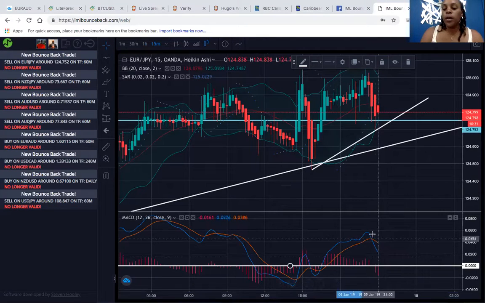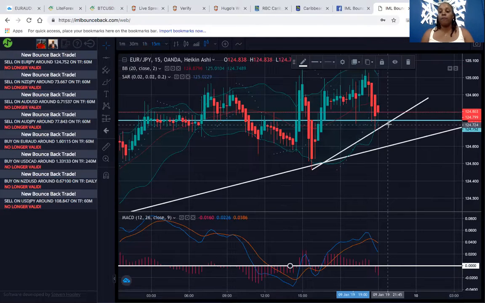So what we're looking for is for the lines to cross under the zero line. As soon as you get that cross and you already have the confirmation that the trade has broken your trend line, that is a go. It means you can now enter the trade because you would have had your confirmations.